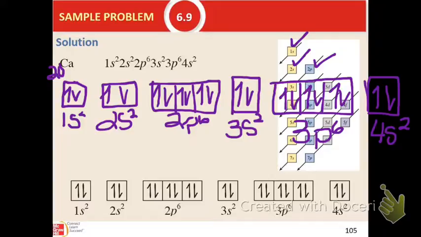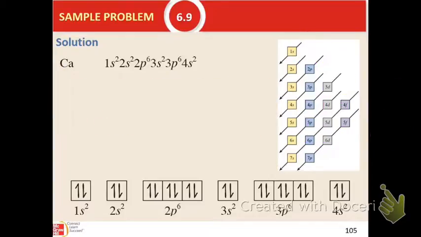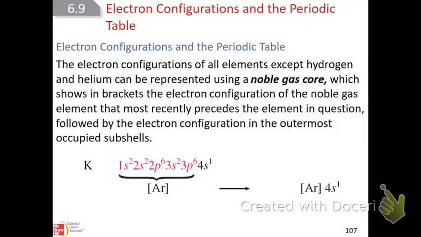Okay? And then it's always nice to be able to use your periodic table. You can use the periodic table to help you take shortcuts, because if you can get to the noble gas, that's every atom's goal in life anyway, to become stable like a noble gas. Let's take calcium, for example. Calcium has 20 electrons.